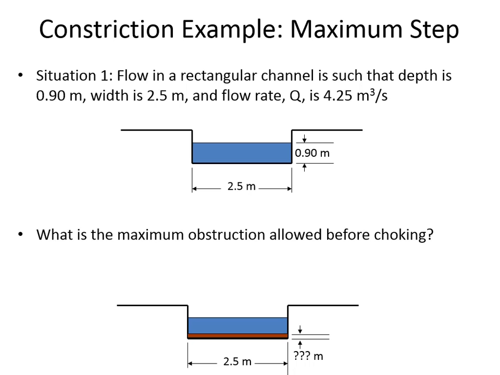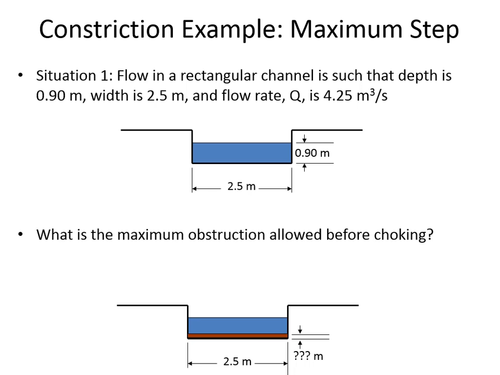And then we can find the velocity at 1 by Q divided by A1. The velocity at 1 is 4.25 cubic meters per second divided by the cross-sectional area, which is the 2.5 meters of width and 0.9 meters of depth. And so the velocity is 1.889 meters per second. Pretty straightforward so far.